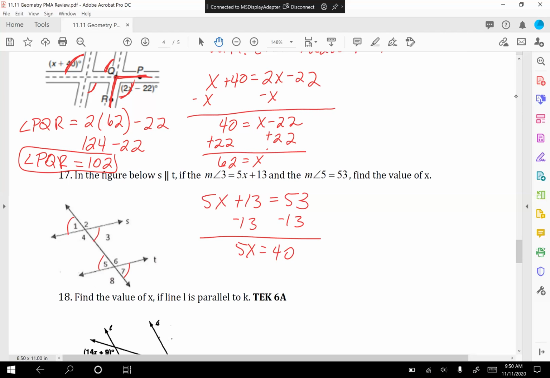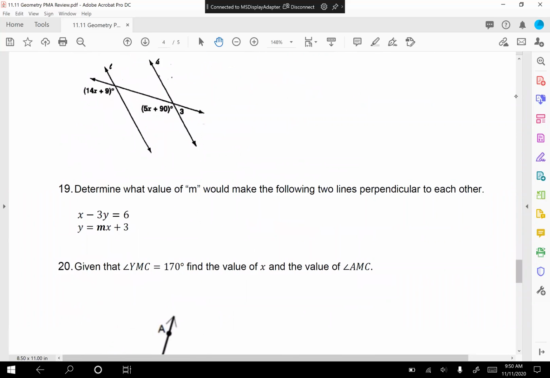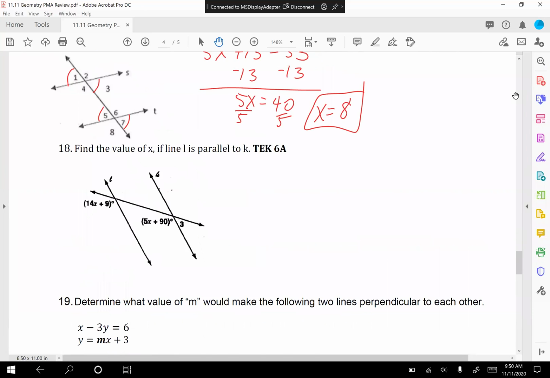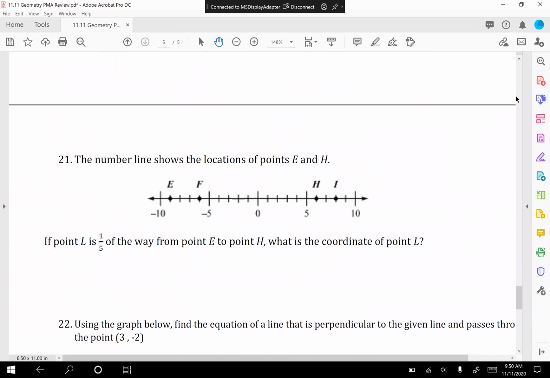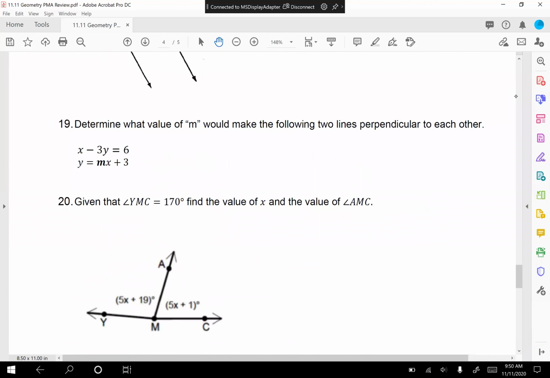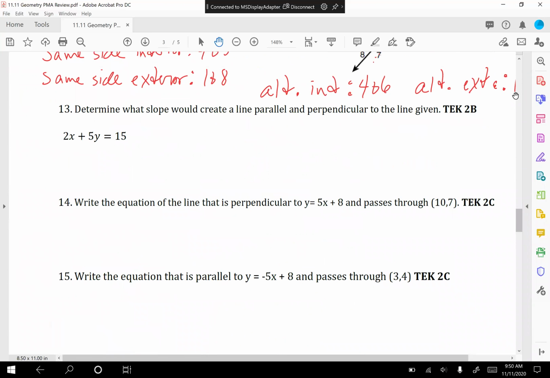So 5x is 40. Divide by 5. So x is 8. All right. And then 18, you use the same kind of thinking. Okay. So now let's go back up to 13, 14, 15.